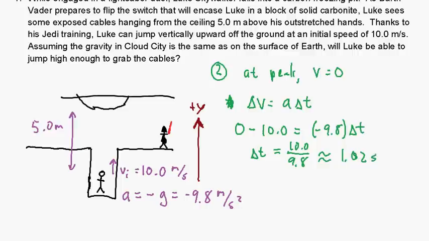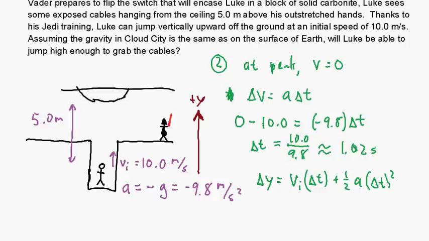Then the question is, how high can Luke get in that period of time? Delta y equals v initial times delta t, plus 1/2 a times delta t squared. So the height he gets to, this will be the same result we got before.